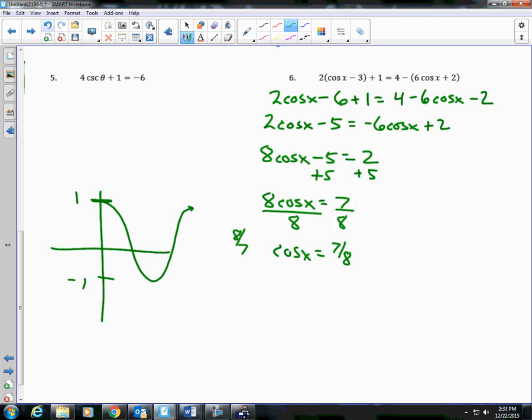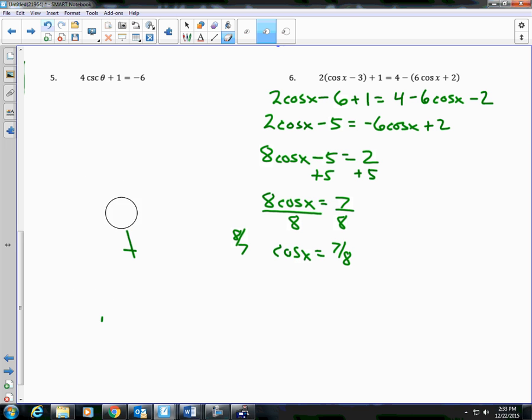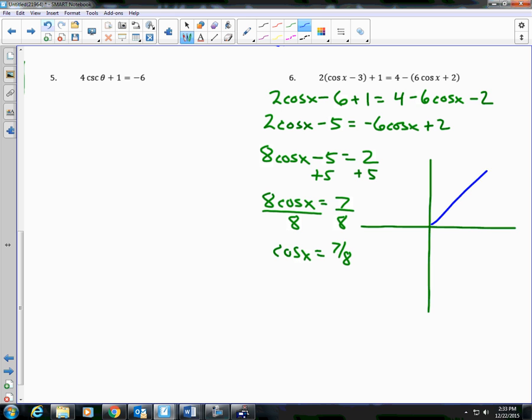So if you get cosine of x is 8/7, is 8/7 outside of the bounds between 1 and negative 1? So that would be no solution. But is 7/8 less than 1 and greater than negative 1? Yes, so there is a solution. All we need to do is identify where cosine is positive. Which quadrants is cosine positive? 1 and 4.